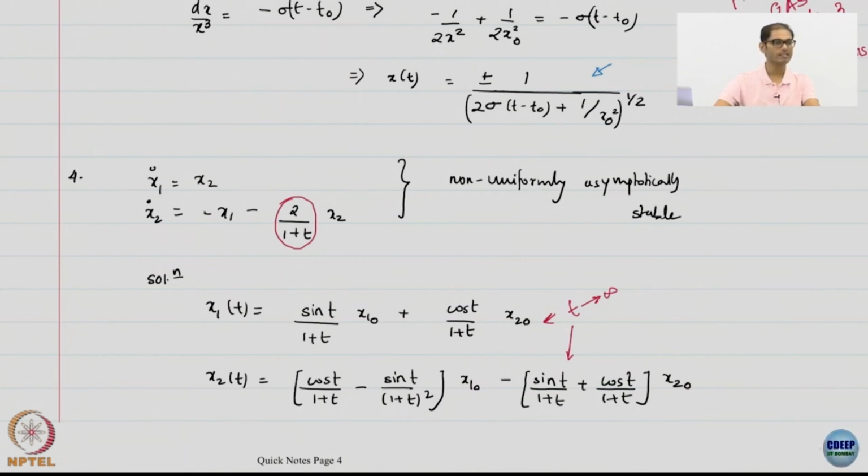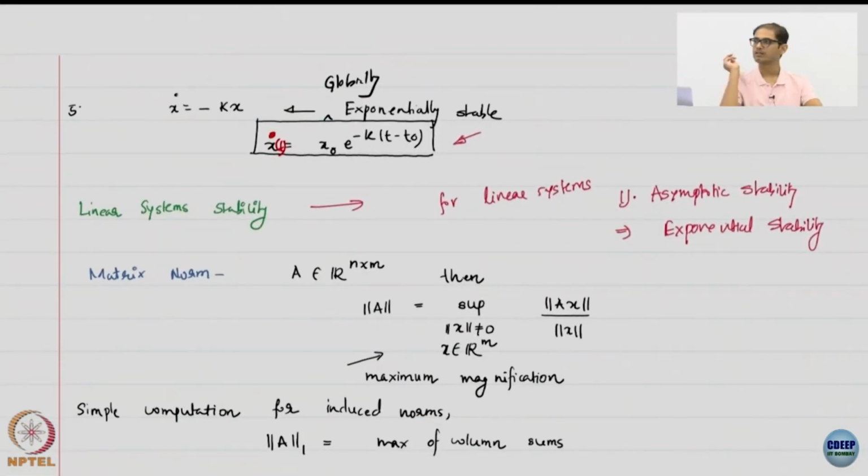I would say linear time varying systems are sometimes harder to analyze than nonlinear autonomous systems. So it does not make your life significantly simpler. Even to evaluate non-uniformity using these definitions would be rather difficult. Okay, any questions?